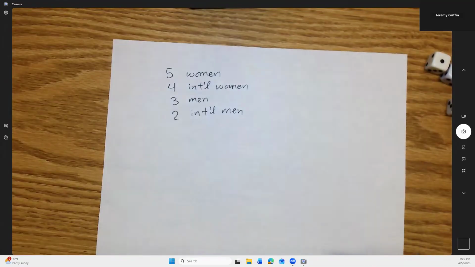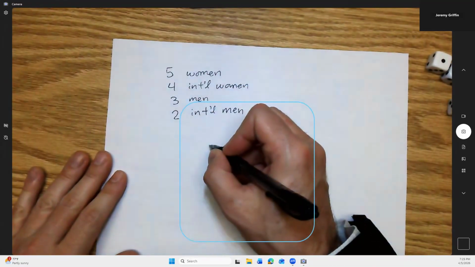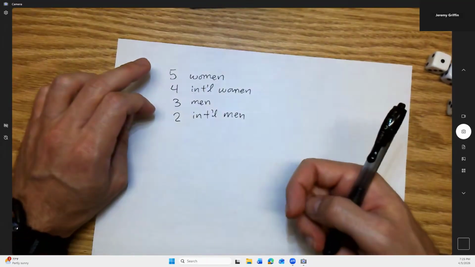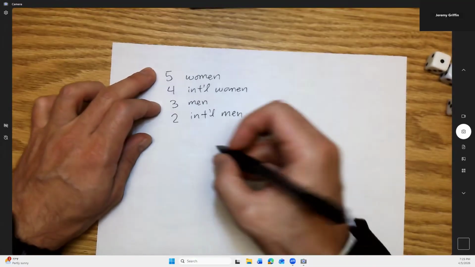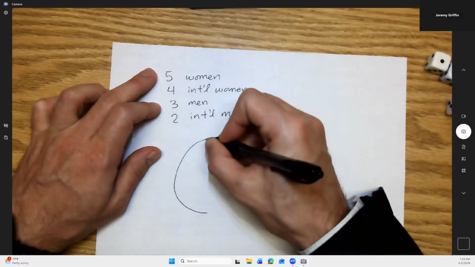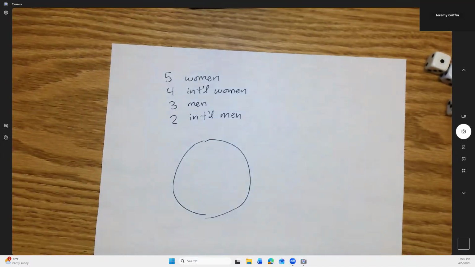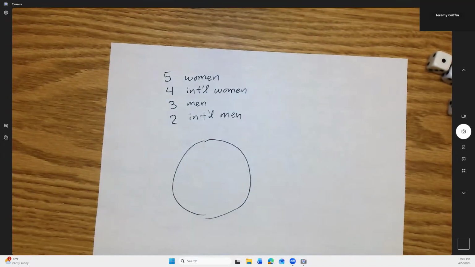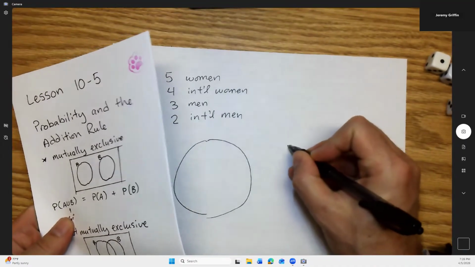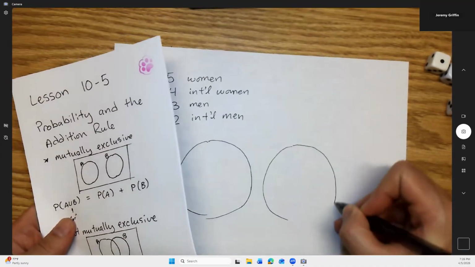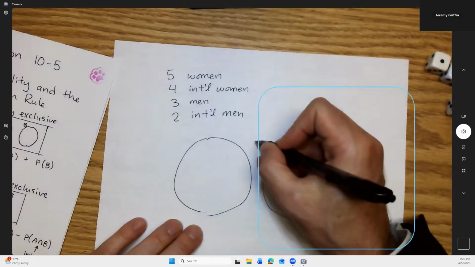This might be a funny looking Venn diagram. Well, I know if I draw a Venn diagram, you're not going to be both a woman and a man at the same time. So I think the women and the men could actually be mutually exclusive. But then there's also this group, international, and that's going to have some overlap with both of these.